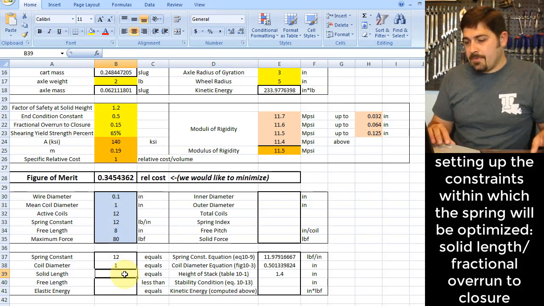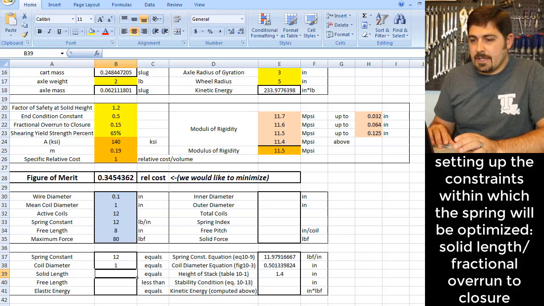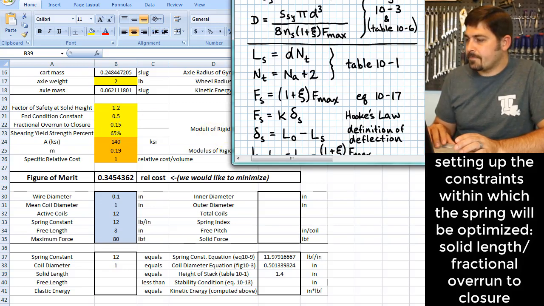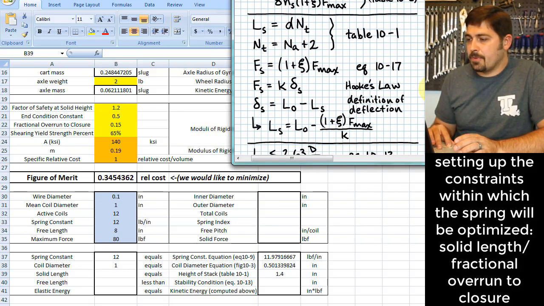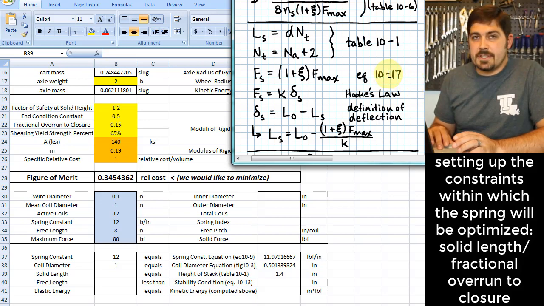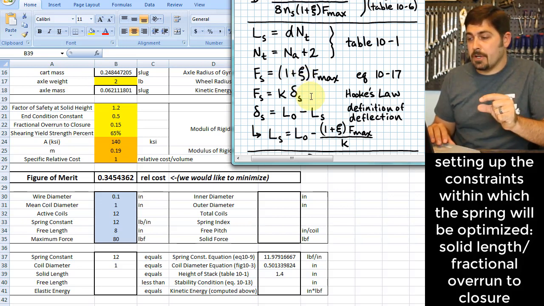The other way we have to come about this, let me talk through that just a little bit. You'll notice here there's several other equations. So equation 10.17 is where the book starts to talk about what this fractional overrun to closure is. That's that xi term right there. We also know that Hooke's law applies right at the point where the spring goes solid.